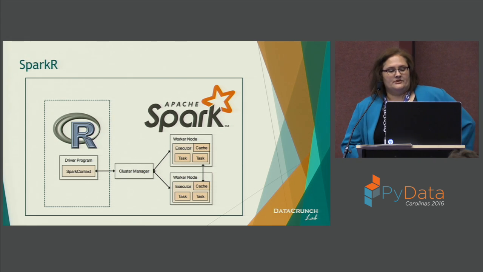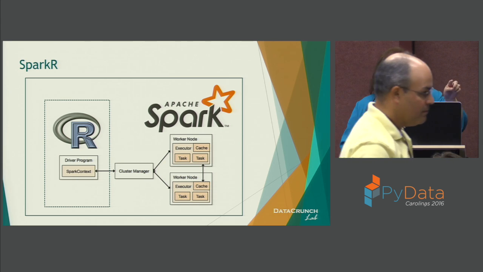So to be able to access the data that is in the executor nodes, we have to communicate through the APIs. So we're going to be looking at how we're going to bring data back and forth from R to Spark and what to do and not to do about that kind of data.